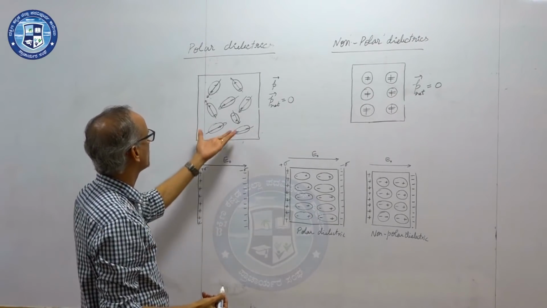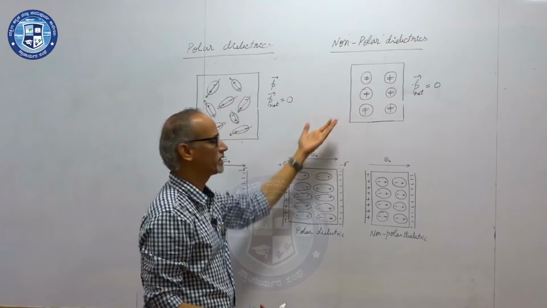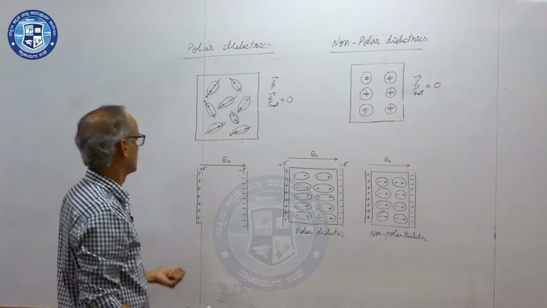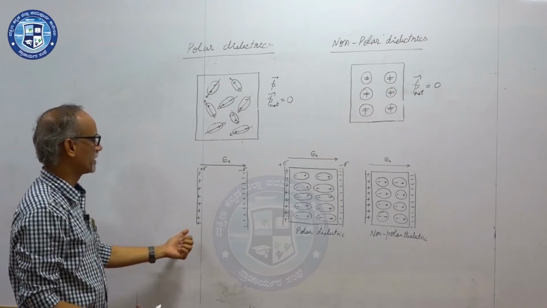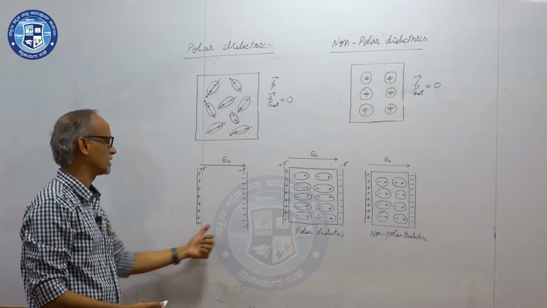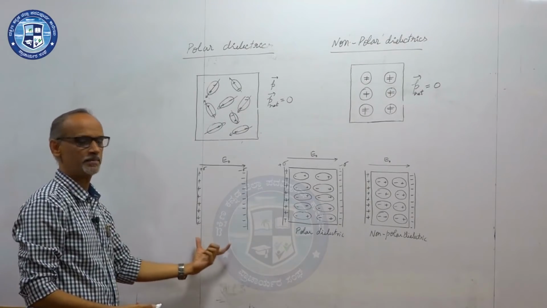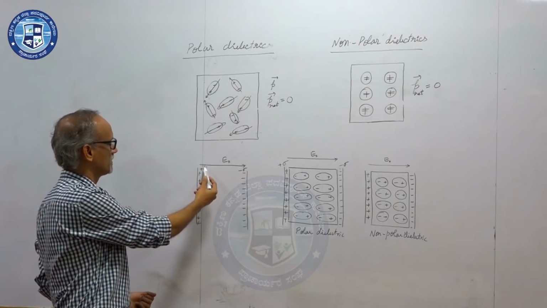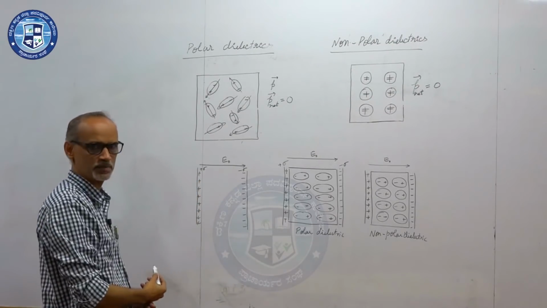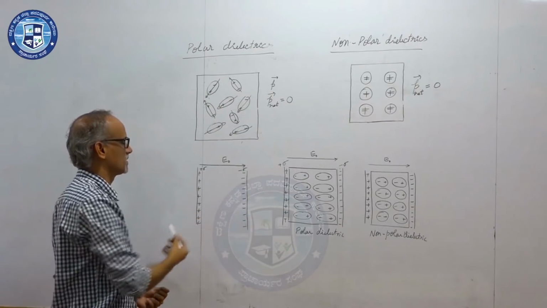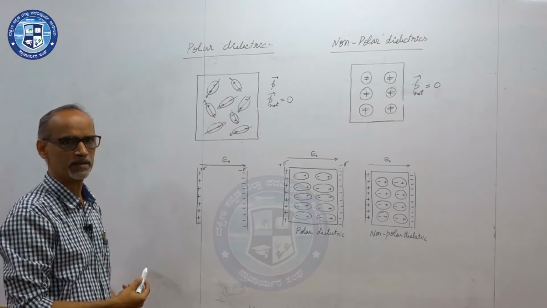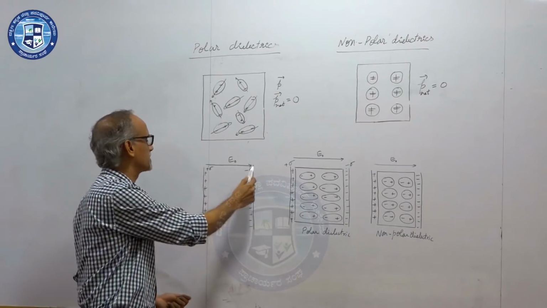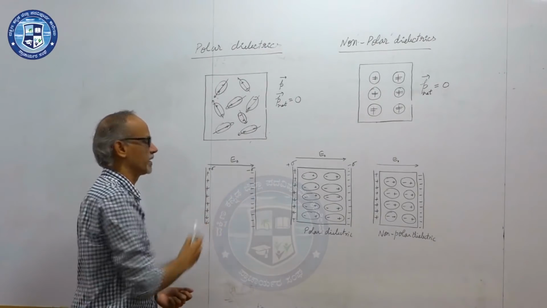Let us see what happens when we introduce such a dielectric in an electric field. So, I am going to take an arrangement where we have oppositely charged parallel plates separated by a very small distance, and plus sigma is the surface density of charge of the positively charged plate, minus sigma is the surface density of the negatively charged plate, so that it produces a uniform electric field directed from positive to negative.